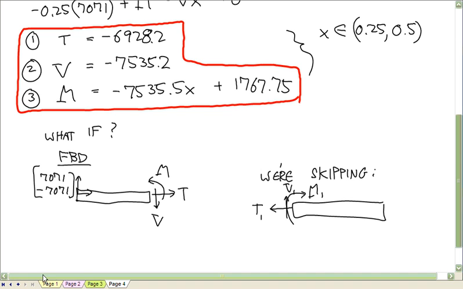All right. We have one more cut to make, and that's dealing with the x values from 0.5 to 1, non-inclusive always.